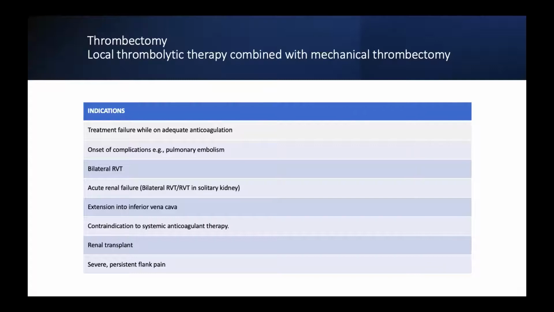This patient, although he had mild extension of thrombus into the IVC and pulmonary embolism, was hemodynamically stable, and the presence of venous collaterals around the ureter indicated that probably it was a chronic renal vein thrombosis to begin with. So whether thrombolytic therapy will be effective or not is doubtful.